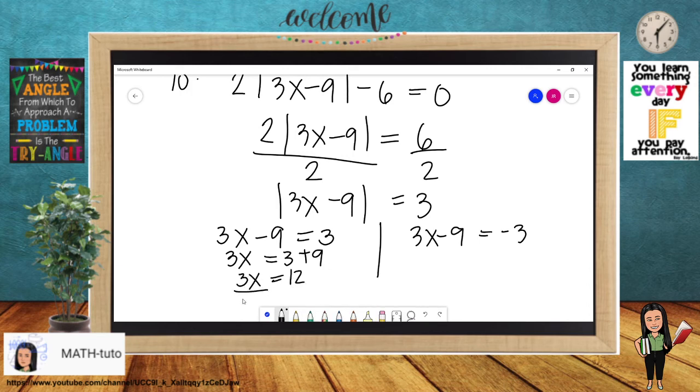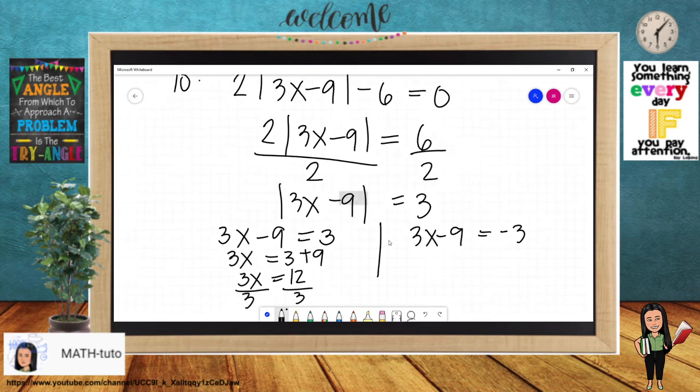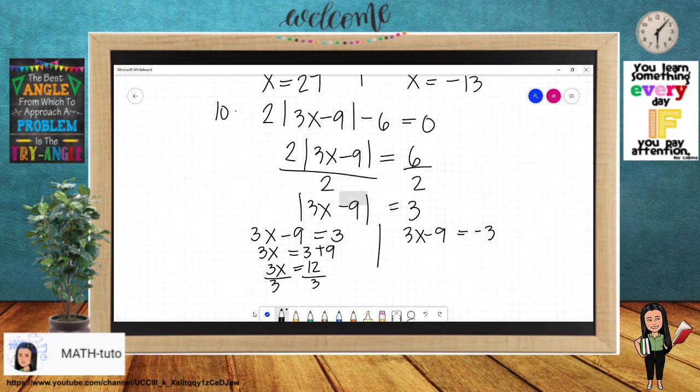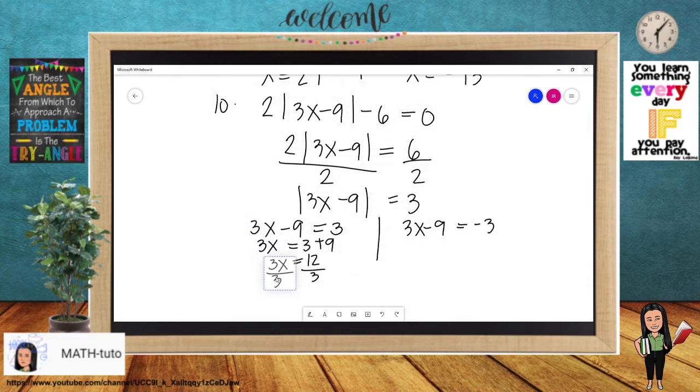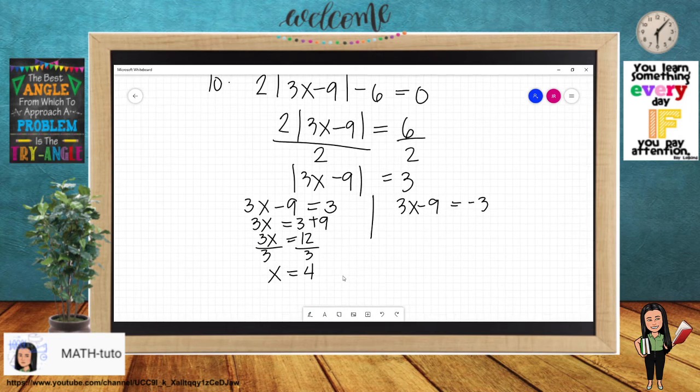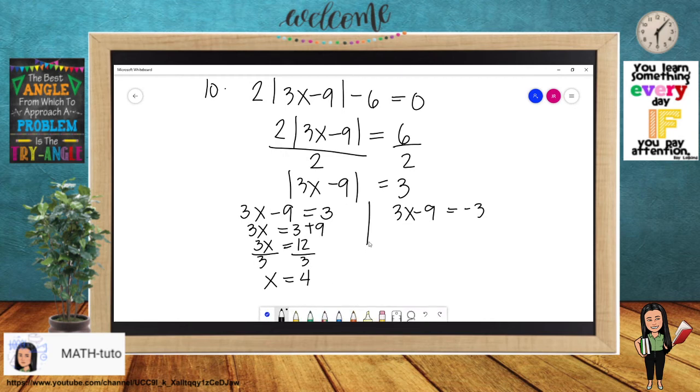We divide both sides by 3. We now have here x equal to 4. Yan. Doon naman tayo sa isa pa.